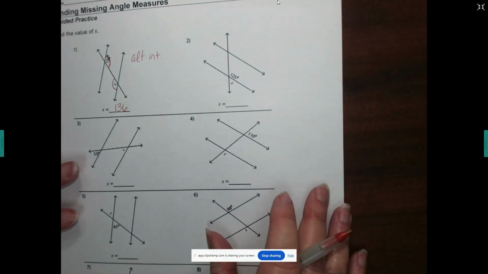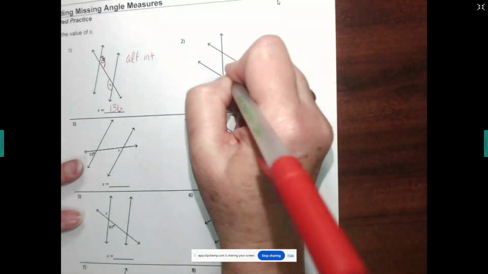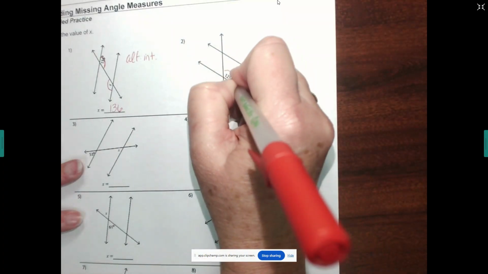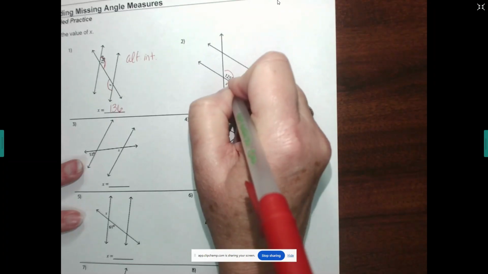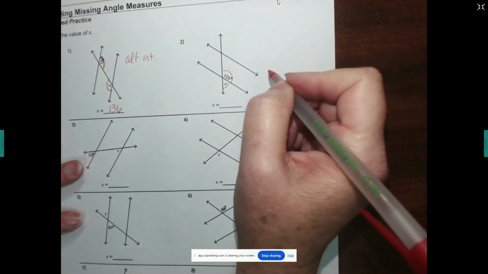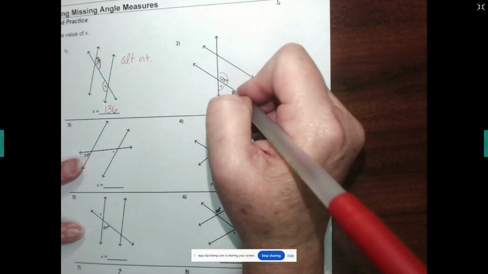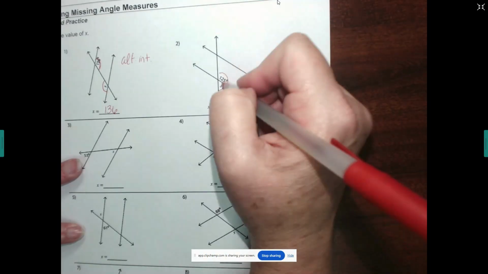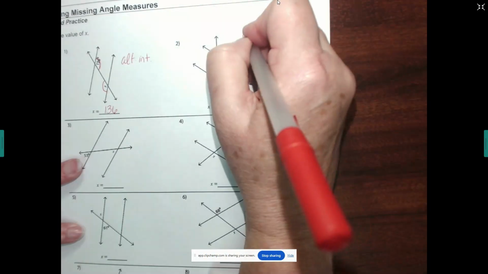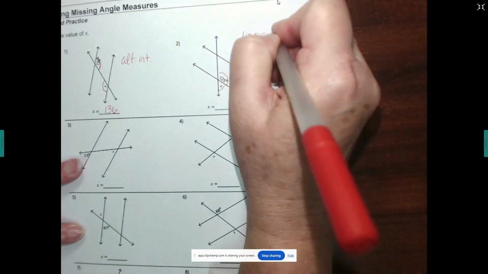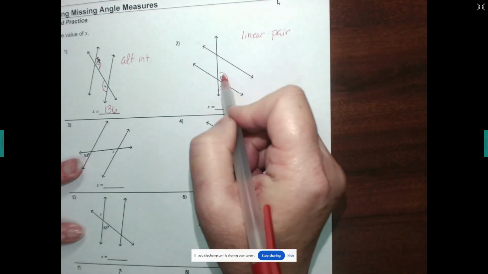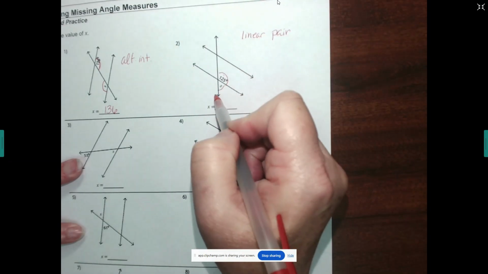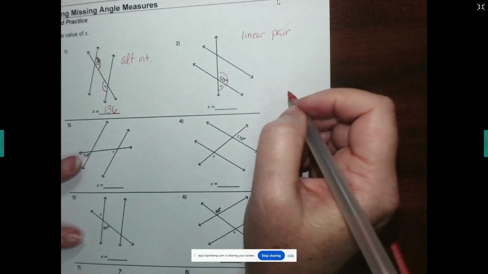All right, number 2. I'm looking at these two angles, seeing this obtuse angle and this acute angle. So they are not the same. That means they are supplementary. These are actually a linear pair. Linear pairs, if you've got one obtuse and one acute, they're going to add up to 180 degrees.